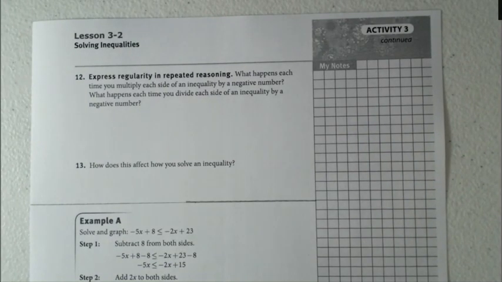Express regularity and repeated reasoning. What happens each time you multiply each side of the inequality by a negative number? What happens each time you divide each side of the inequality by a negative number?